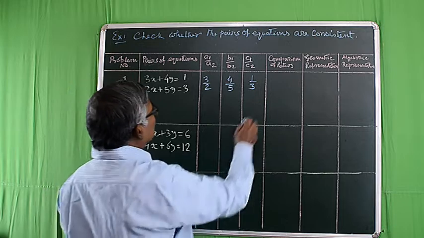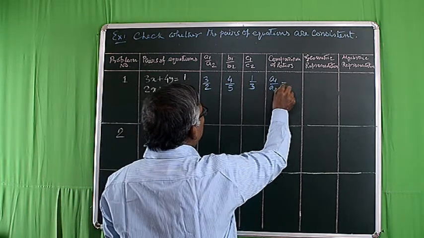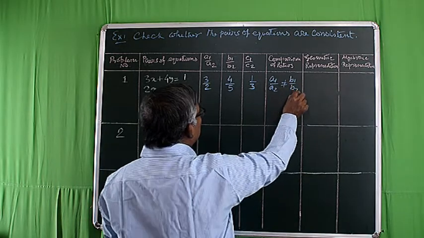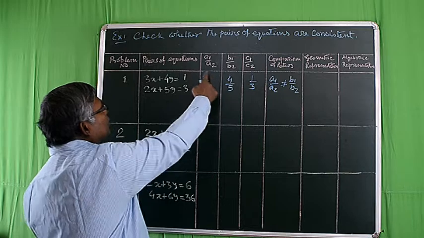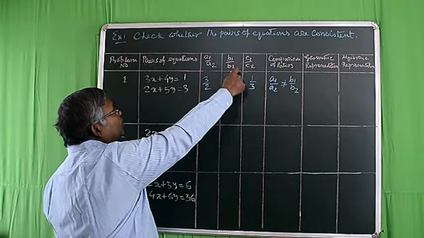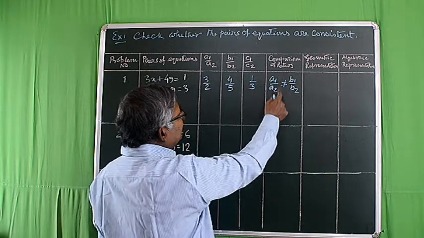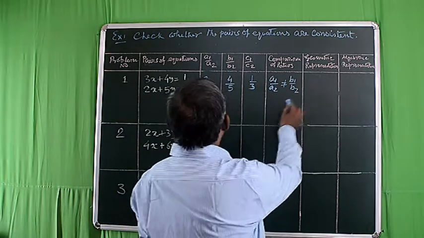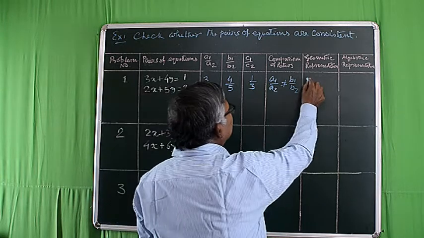So we see a1 by a2 not equal to b1 by b2, because a1 by a2 equal to 3 by 2 and b1 by b2 equal to 4 by 5. Hence, a1 by a2 not equal to b1 by b2. In this case, the lines representing equation number 1 and 2 are intersecting.